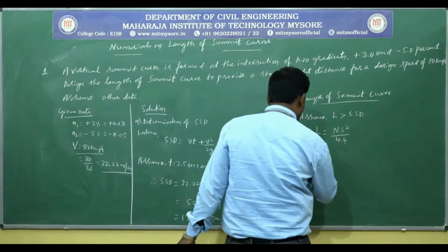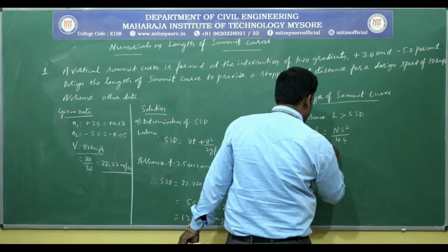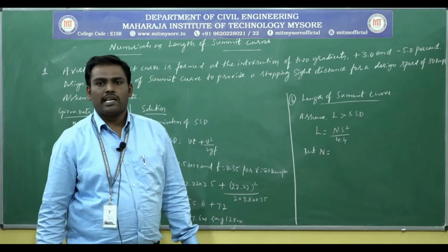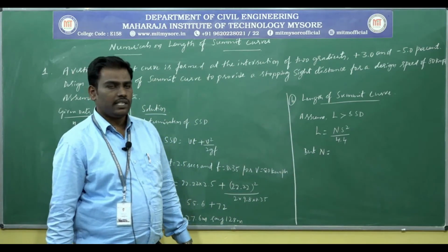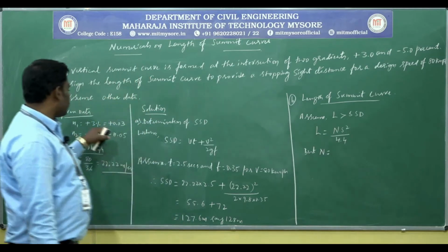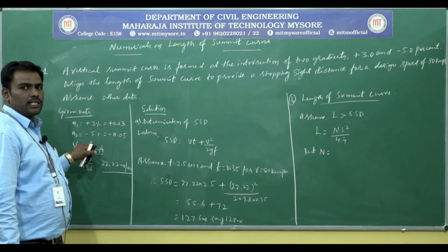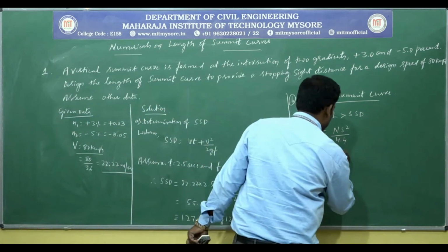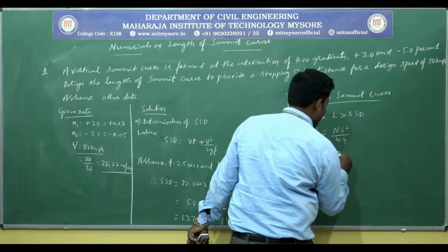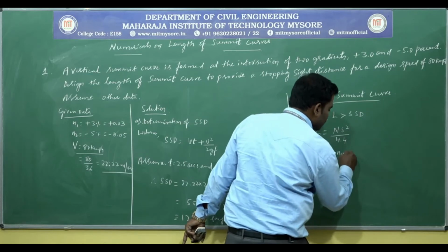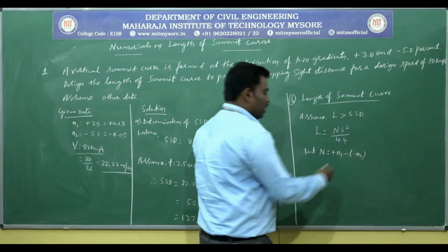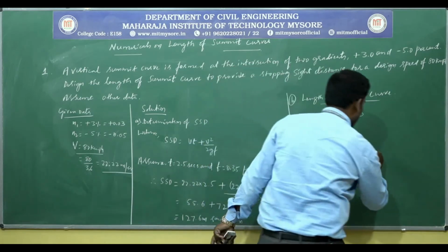We know that the deviation angle is the algebraic difference between the two intersecting gradients. N1 is about 3 percent and N2 is 5 percent. Because of the ascending gradient, algebraic difference means minus, minus N2, it becomes N1 plus N2.